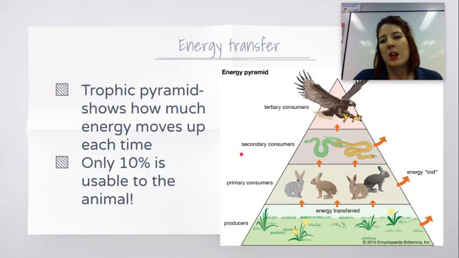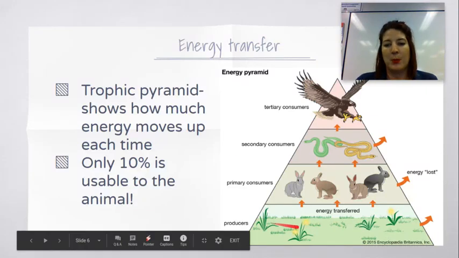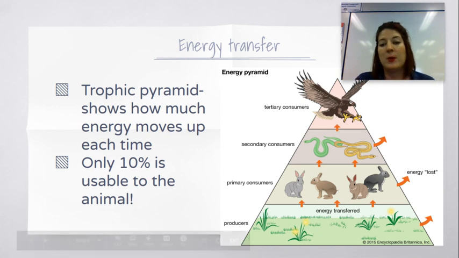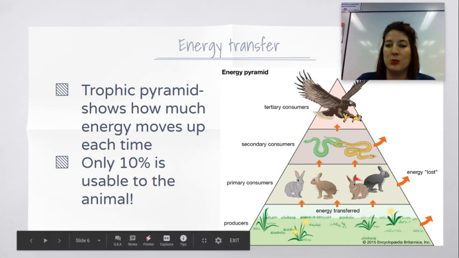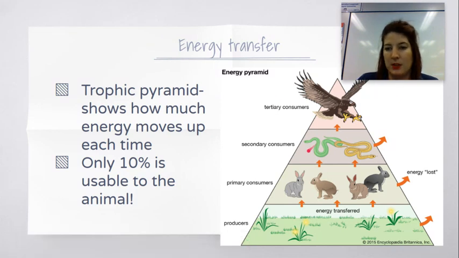But it doesn't disappear. So you can see here we have the producers, the energy transferred moves up each time and it gets smaller and smaller. So if we imagine in this particular ecosystem, there's 100,000 joules, that's a unit of energy, of plants, then there would only be 10,000 joules of energy on this level where the rabbits are, 1,000 where the snakes are, and then just 100 where this tertiary consumer is.